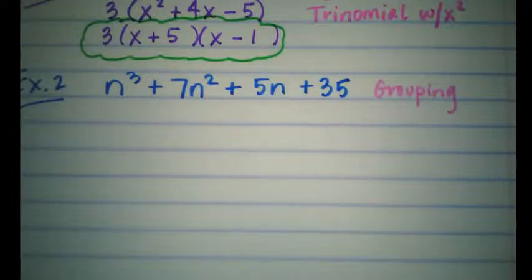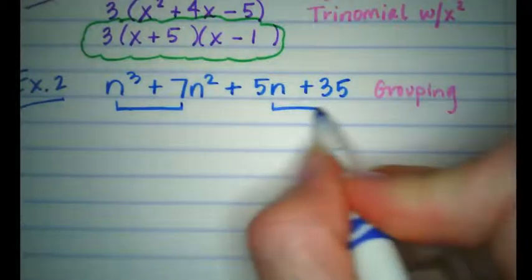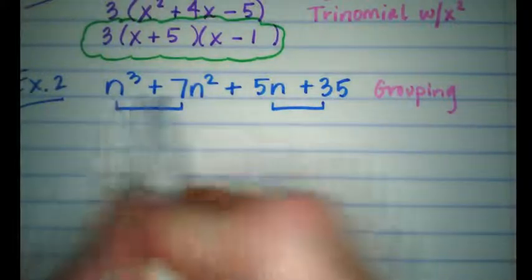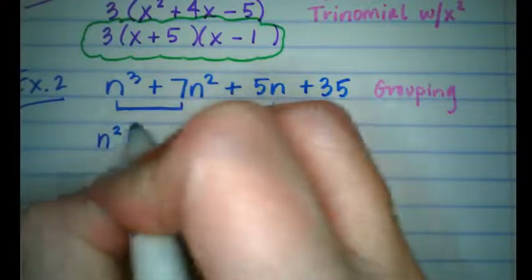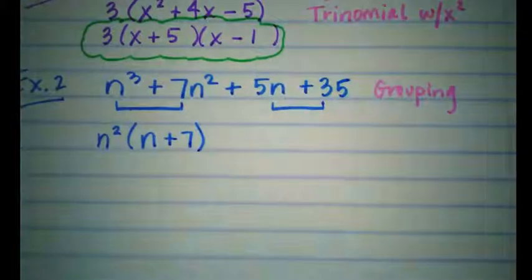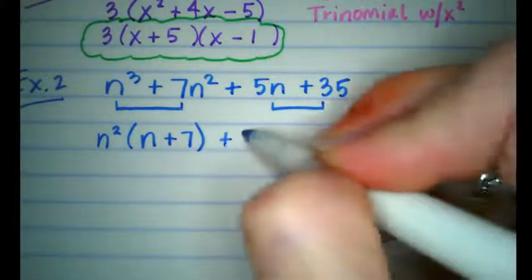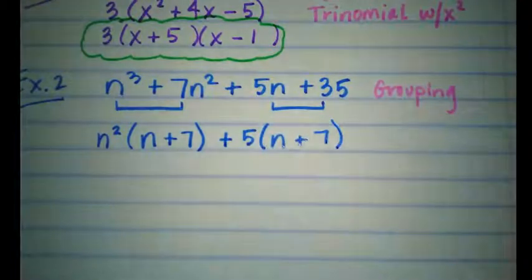So I think I'm going to just put them in order. Put those 2 in one group and those 2 in the second group. Grouping is where we make 2 groups of 2, and then we go through GCF a few times. Between these 2 in the first group, we can take out a GCF of n squared, and that would leave n plus 7. And then if I look at this group, there's a GCF of 5, which would leave an n plus 7.